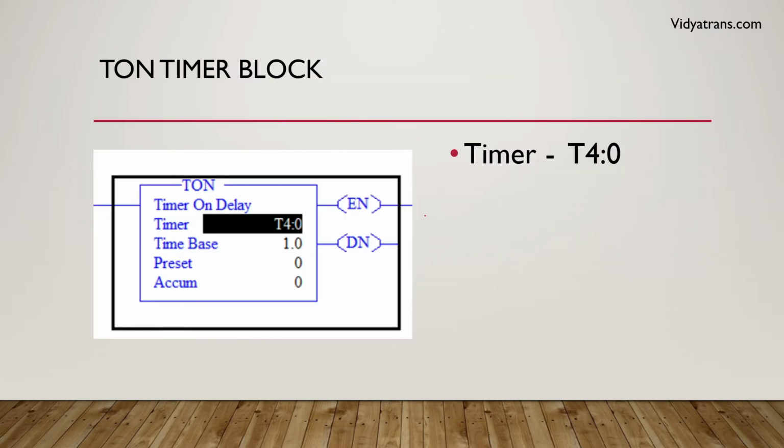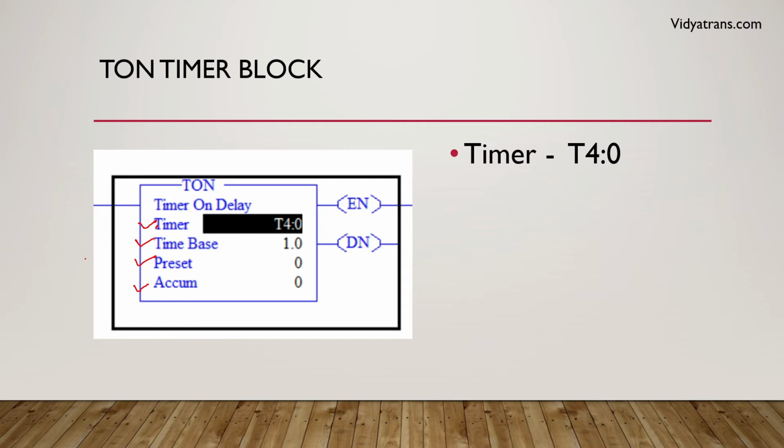How does the block of the T-on timer look? It looks like this, where we have different things: the timer base, the preset value and the accumulated value. We will discuss everything in detail one by one.